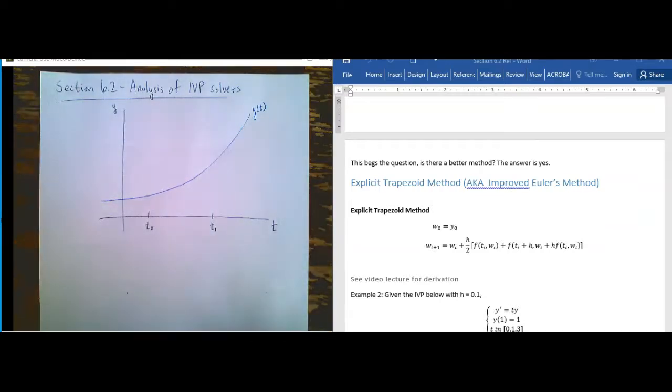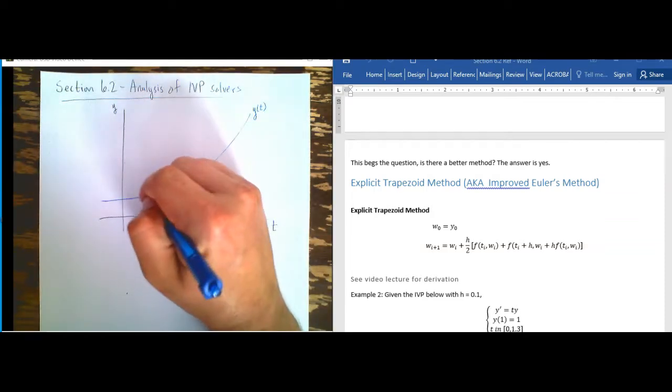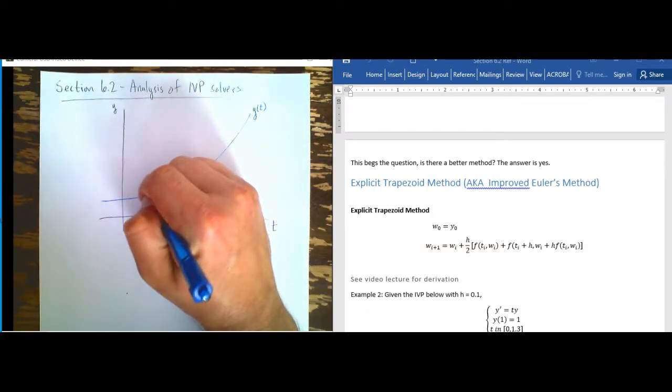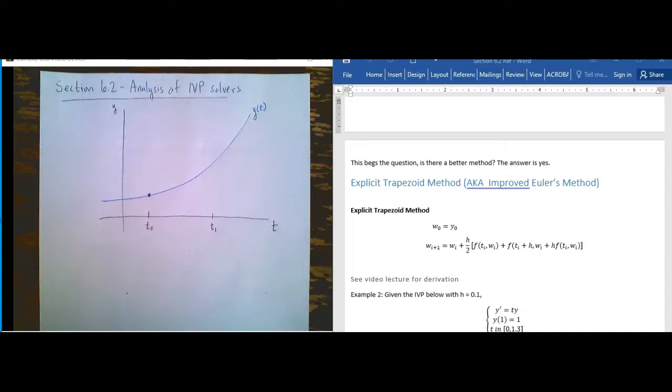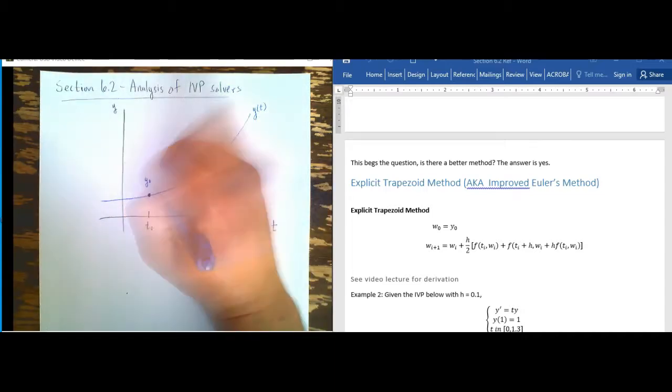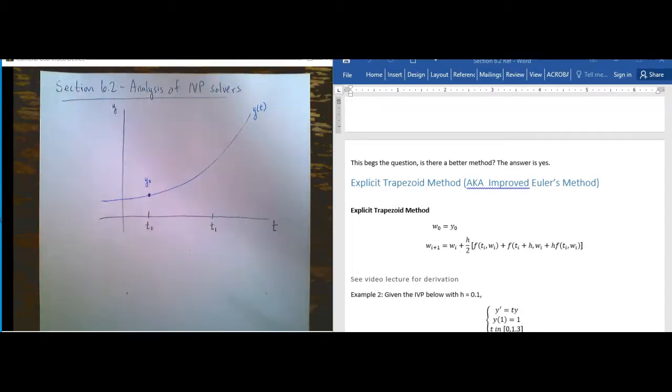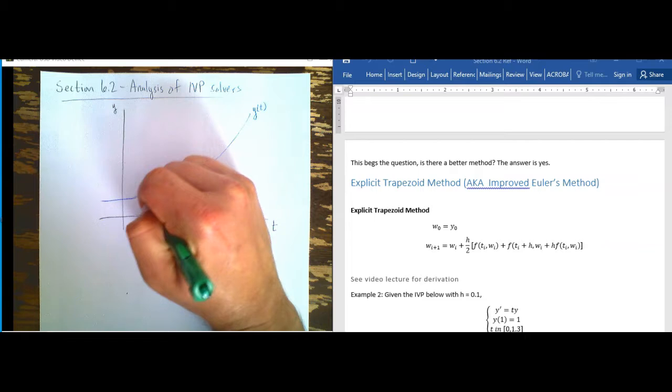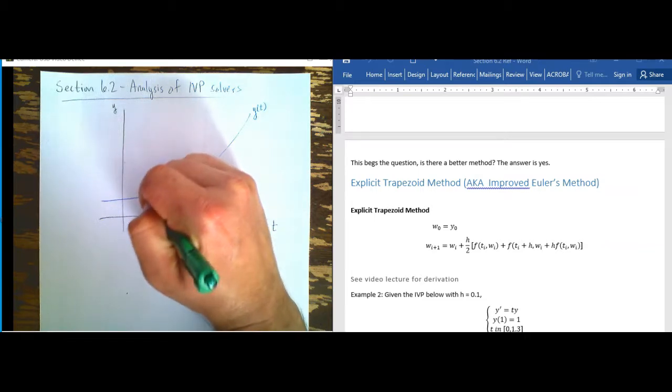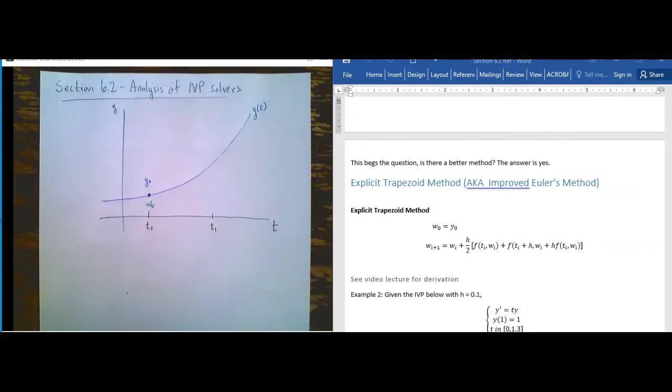There's a known point on the function, our initial condition, y naught, also w naught. Initial condition, w naught and y naught are the same. So we know that point.